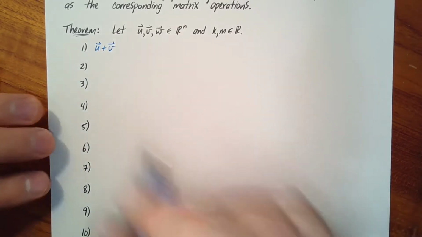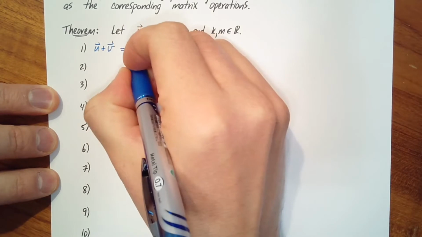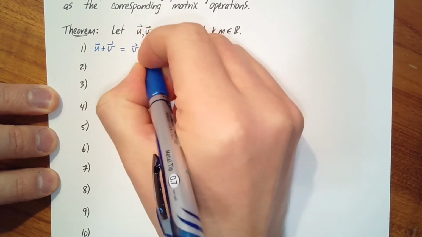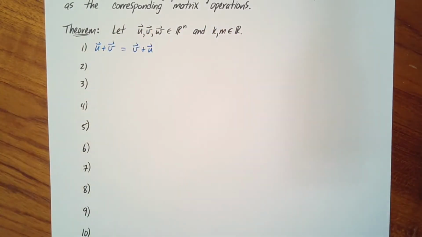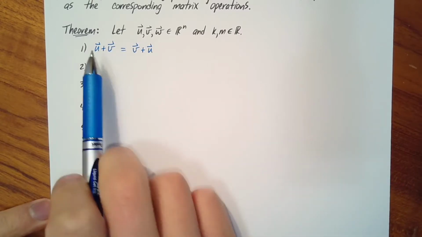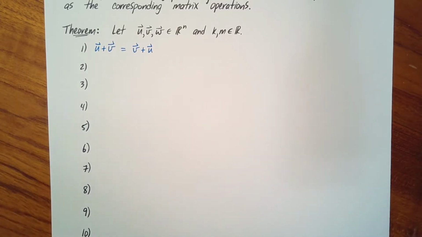But we could also write v plus u, and we're going to get the same thing. Really, it boils down to the fact that if you take two real numbers and add them in either order, you get the same thing. So if you apply that at the level of each individual coordinate, what you end up getting is this property, which is referred to as the commutative property of vector addition.